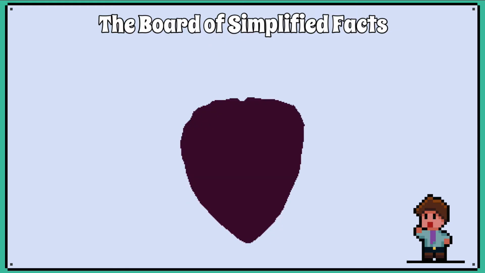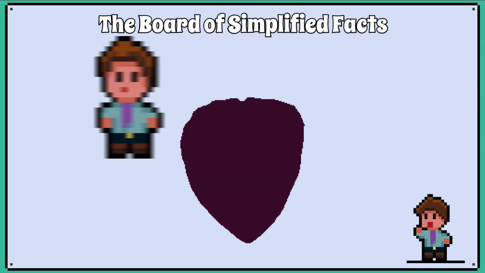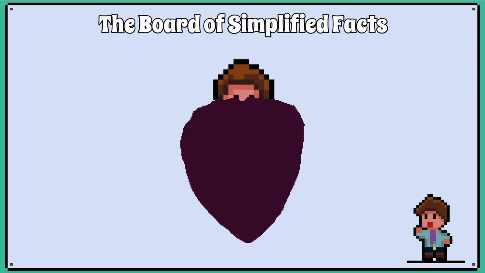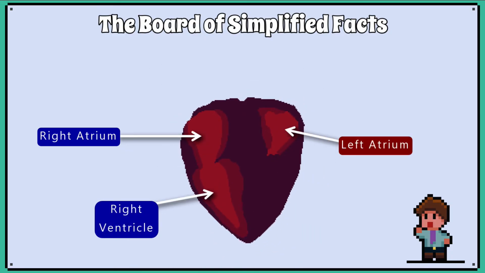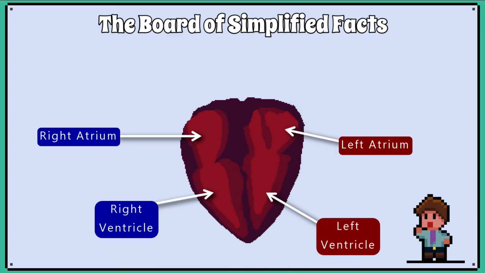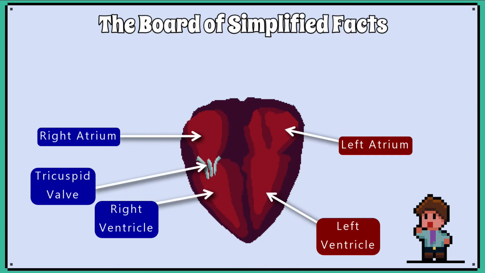The heart has 4 chambers. The top 2 chambers, closer to your head, are called the right atrium and the left atrium. The bottom 2 chambers are called the right ventricle and the left ventricle. Between the right atrium and right ventricle is the tricuspid valve, which has 3 flaps.